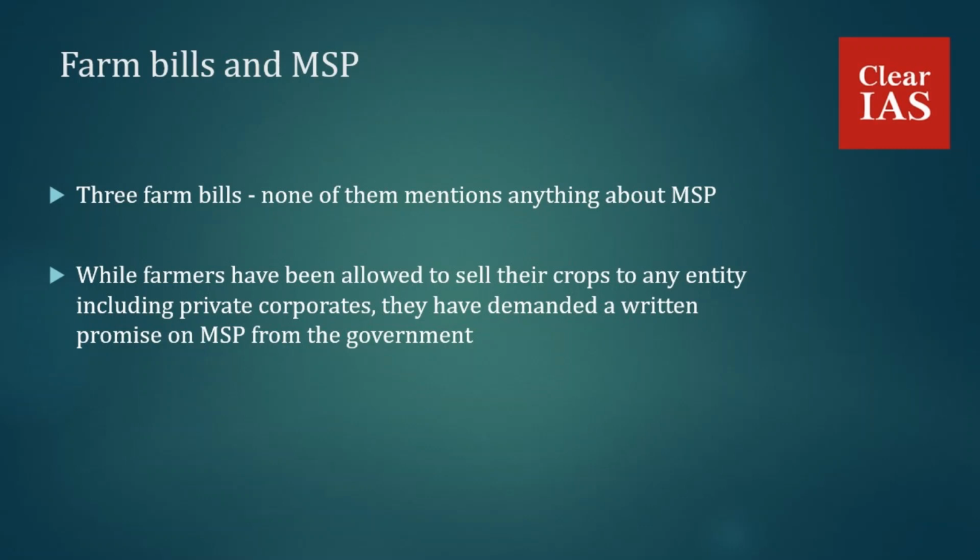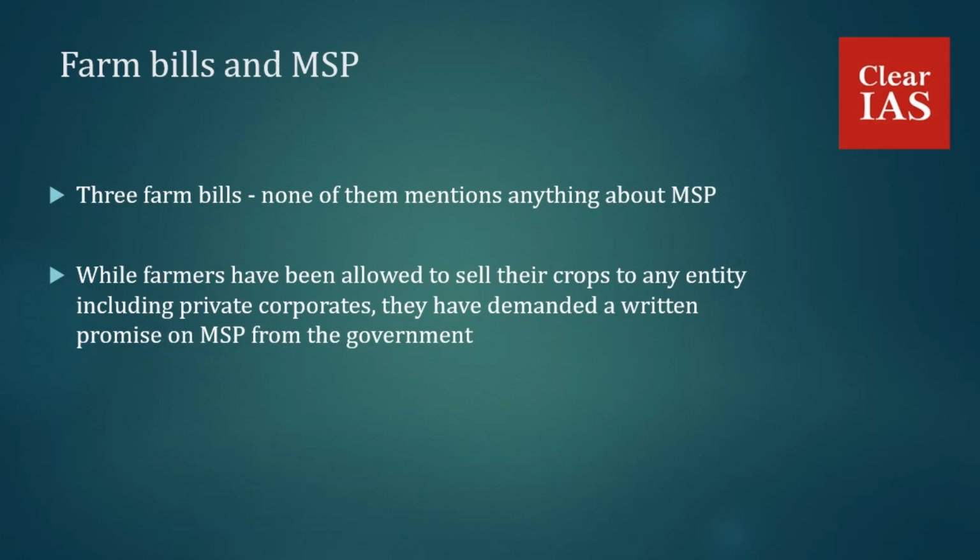While the Prime Minister and his government verbally promised farmers that the MSP system will stay, farmers are finding it hard to trust the government. The 3 farm bills introduced by the government have little to do with MSP, and the fact that there is no law safeguarding MSP worked in favor of the government.